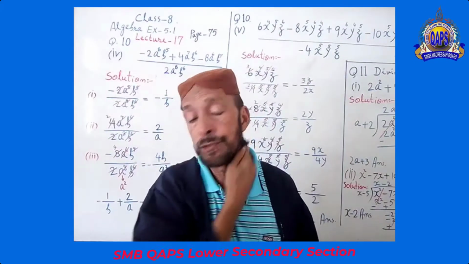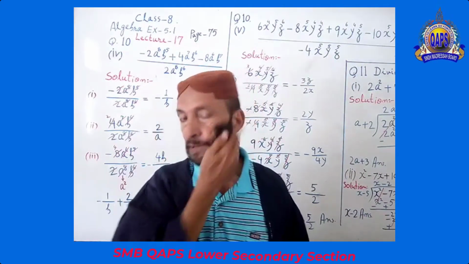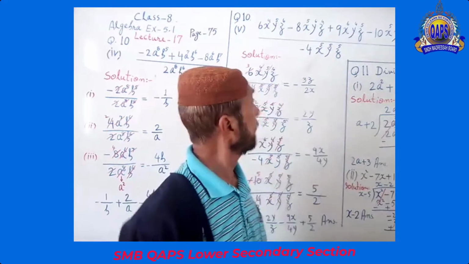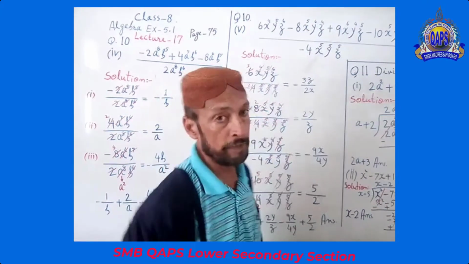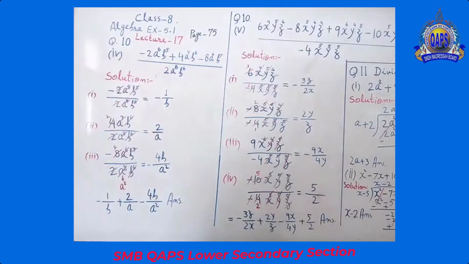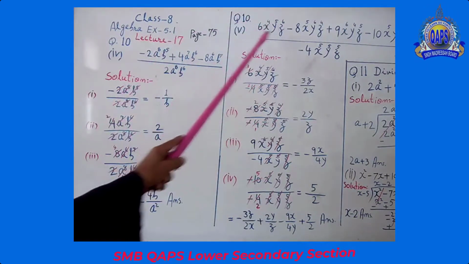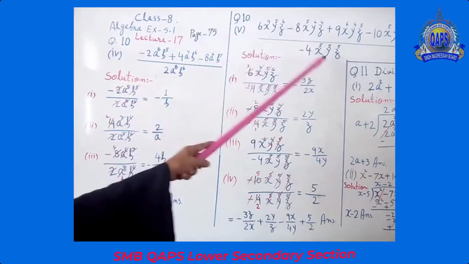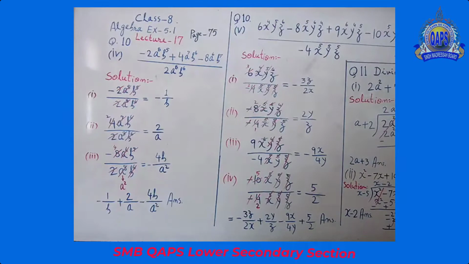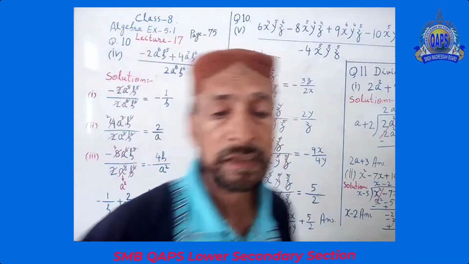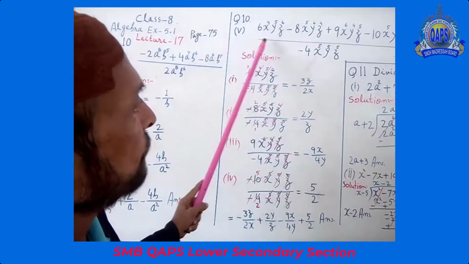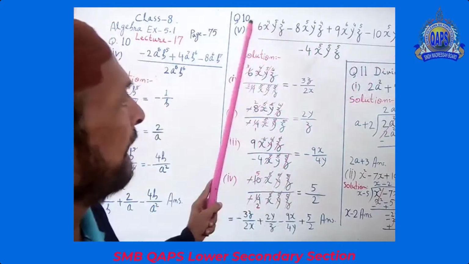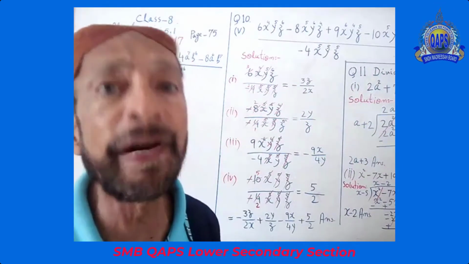You have a look on the board. Now we are on part number 5. Long question. Numerator, denominator. You understand what I am saying? This is the line which is called upon, the line of division, divided by.